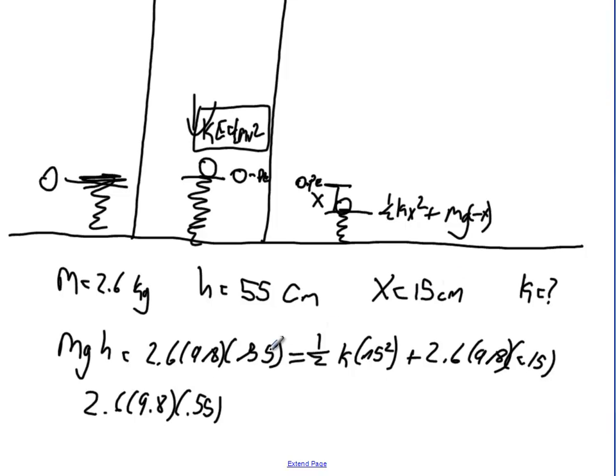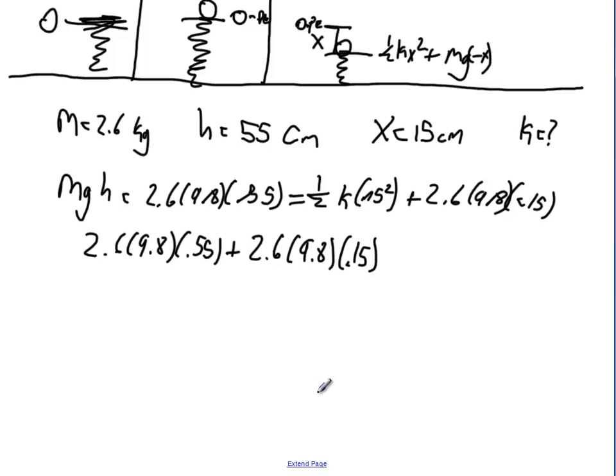So plus 2.6 times 9.8 times 0.15. Now think about this. I'm basically telling you that this initial position up here has got to add on this 15 centimeters of compression. So I've basically just increased my initial height from 0.55 to 0.7 meters, and this is now equal to 1/2 k times 0.15 squared.